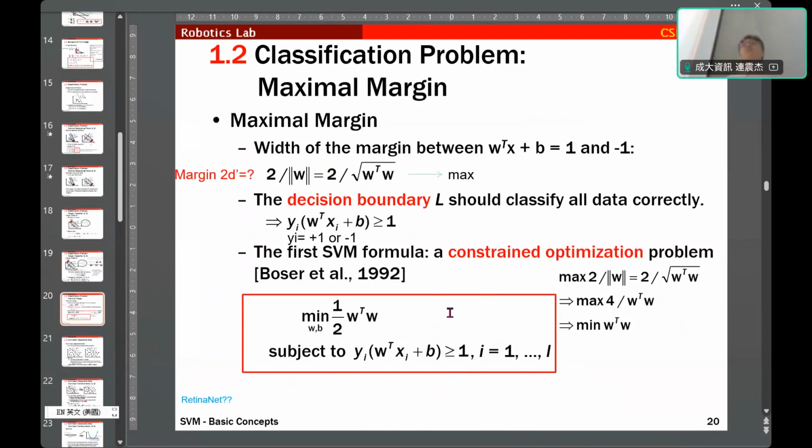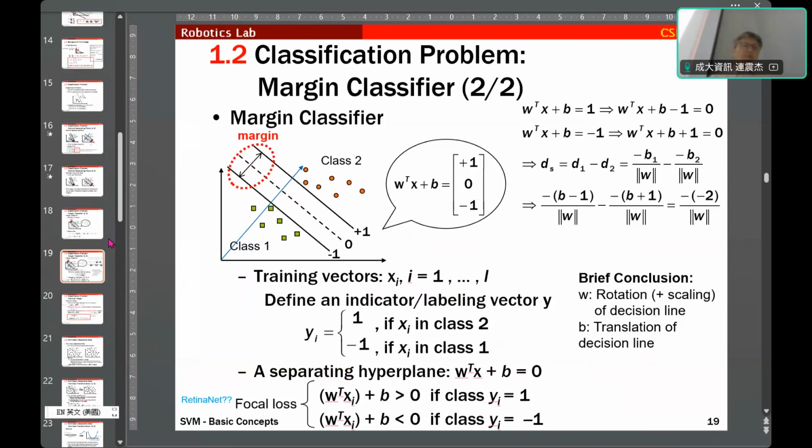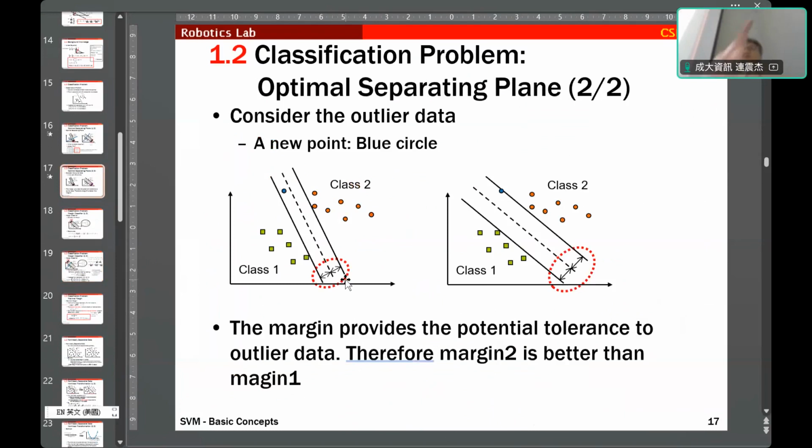So our purpose becomes we try to find W. From here, all the purpose, I say again, because the line is L, right? So this is the line L here, and then in the left hand side, the L is here.